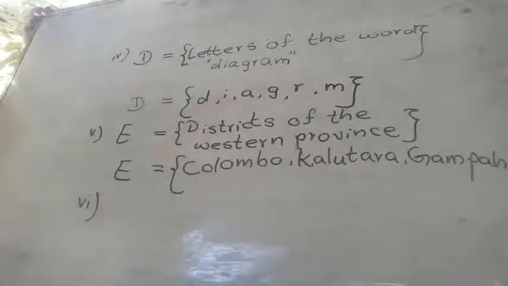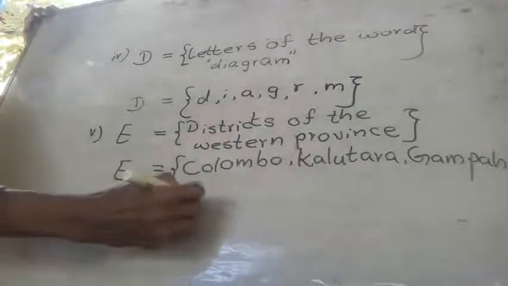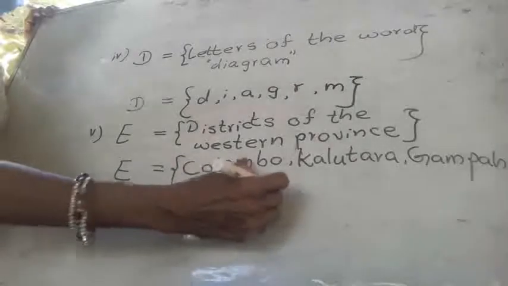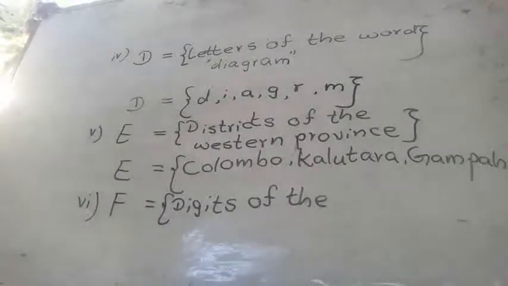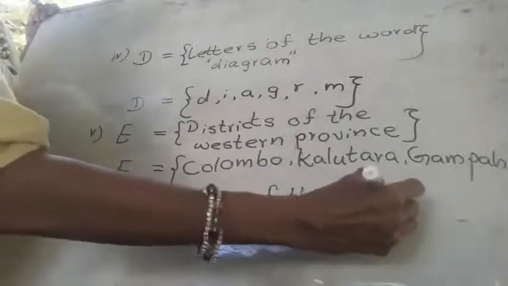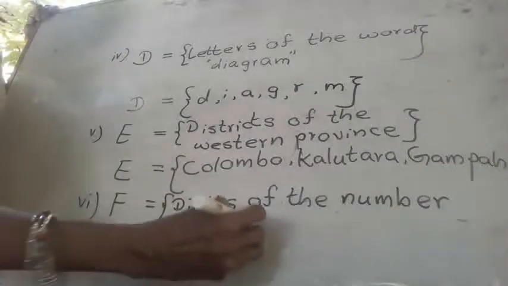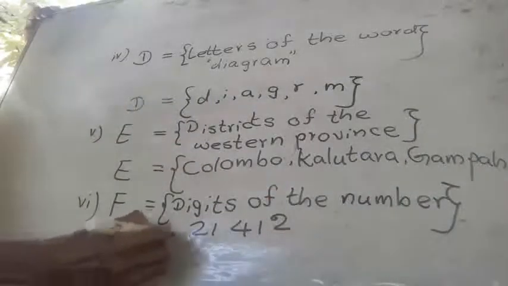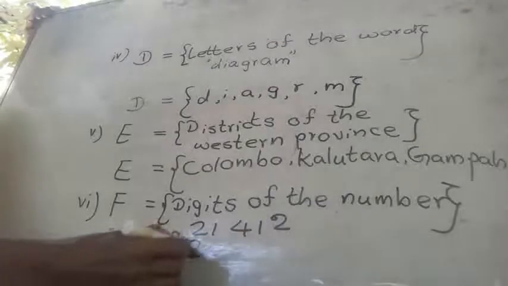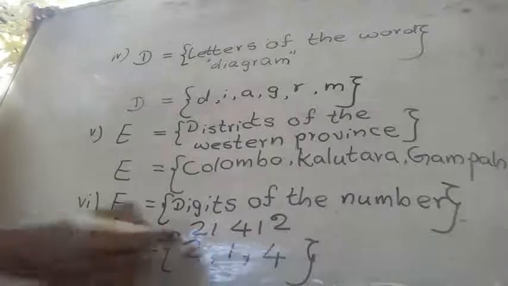Sixth question. Digits of the number 21,402. 2, 1, 4 and 0.